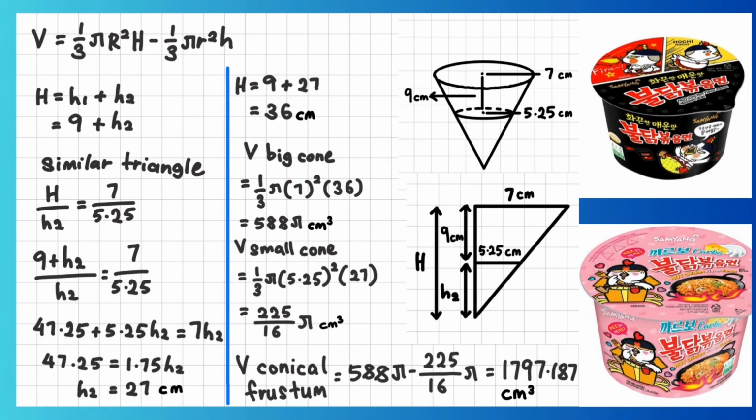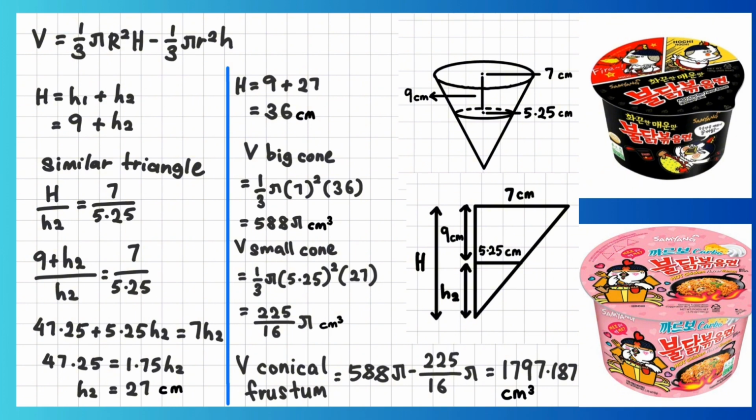First, we need to refer to the formula given and the values obtained from measuring the ramen cup earlier. Then, we need to find the height for the big cone and the small cone by making an equation as shown. After that, by using the similar triangle formula, we can find the height for the small cone.